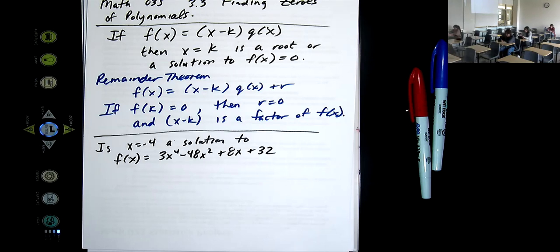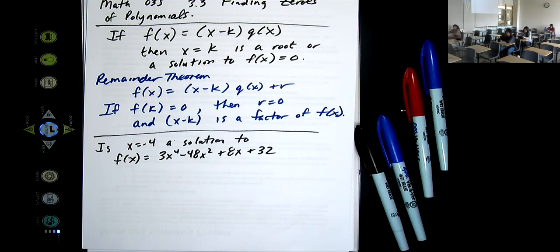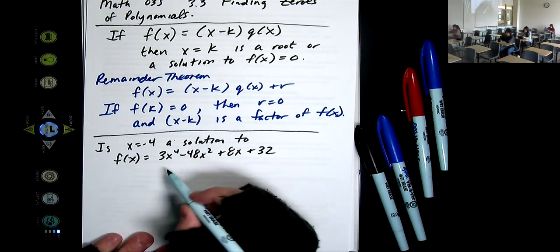Now, sometimes I think doing the remainder theorem is easier, but not in this case. I have to pull out a calculator because I don't work with -4 to the 4th power very easily, and -4 cubed, and there are some big numbers going on here. I think it might get easier with synthetic division. So let's check it out.